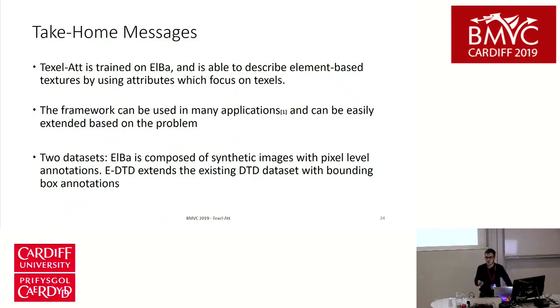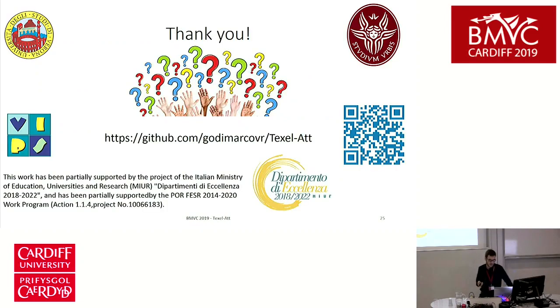We also introduced 2 datasets, the ELBA dataset, which is composed of 30,000 synthetic texture images with pixel-level annotations, and we extended the existing DTD dataset with the bounding box annotation for a subset of classes. The datasets are available for download on our project page, and this is the end of the presentation.